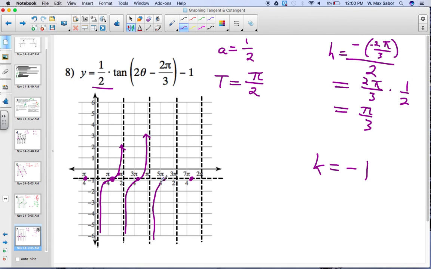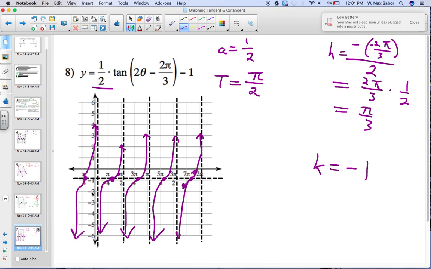And once we repeat this enough times, that will be our full tangent graph. So this is an acceptable final answer for what our tangent graph is going to look like. A little sloppy, but certainly the right idea.